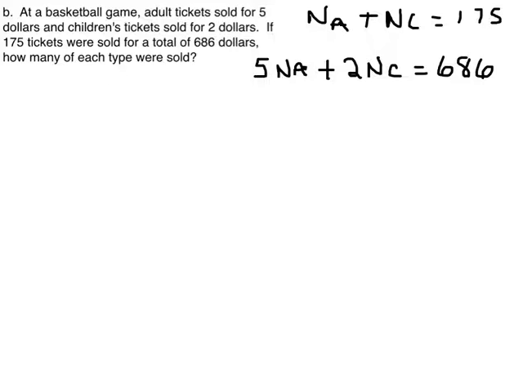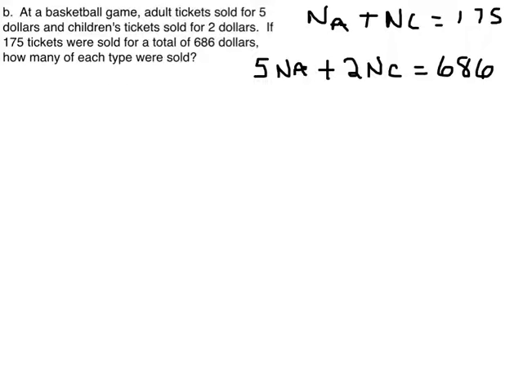Okay. At a basketball game, adult tickets sold for $5 and children's tickets sold for $2. If 175 tickets were sold for a total of $686, how many of each type were sold?